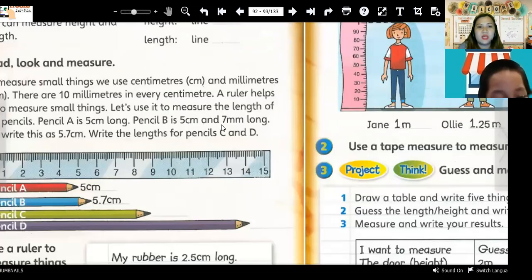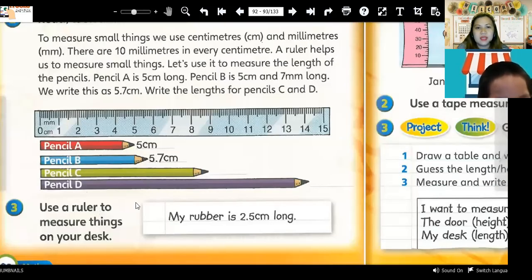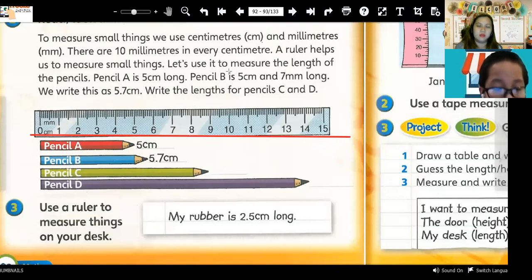Okay, I will zoom it in so that you can see well. Can you measure pencil C and pencil D? Use this ruler first because we're going to use your ruler after. Here, look at the pencil.